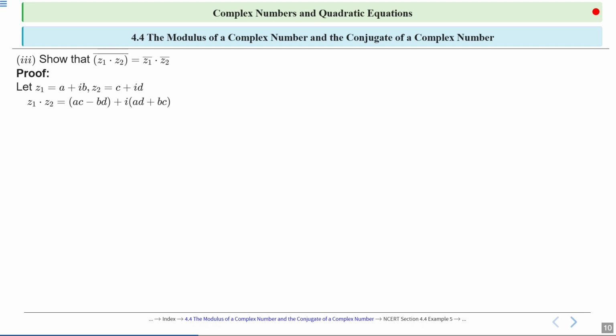When we expand (A plus iota B) times (C plus iota D), we get AC minus BD for the real part and AD plus BC for the imaginary part. So Z1 times Z2 equals AC minus BD plus iota times (AD plus BC).